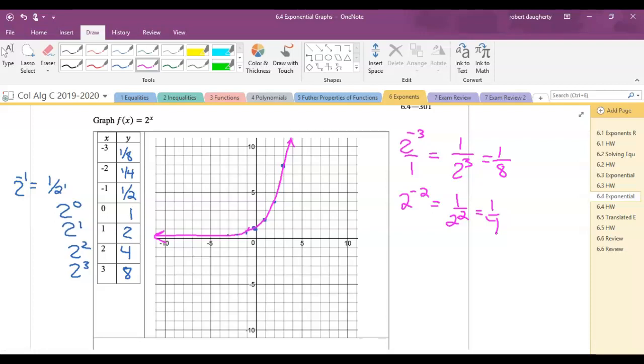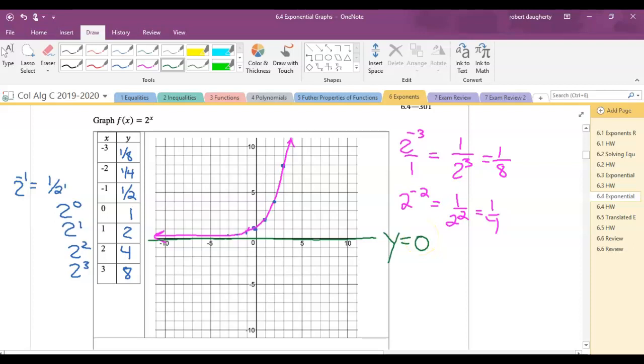Okay. So this is the graph of 2 to the x. This one has a horizontal asymptote. Can you see where the asymptote is? It's this line right here. What's the equation of that line? That's a horizontal line. What is the equation of that line? Not x, y equals 0. All the y values are equal to 0 on that line.